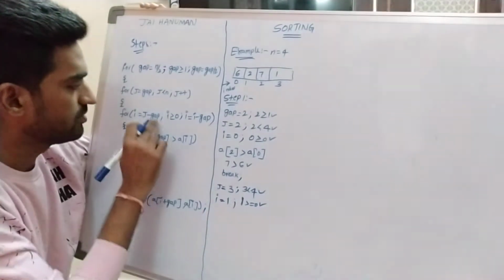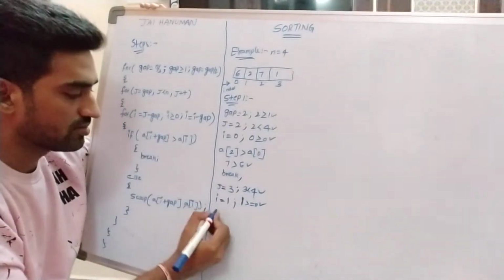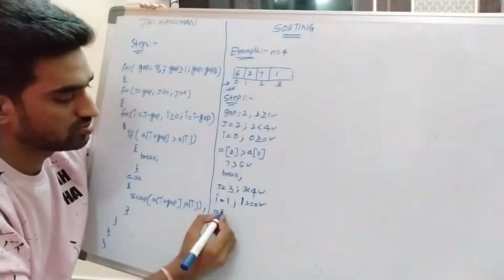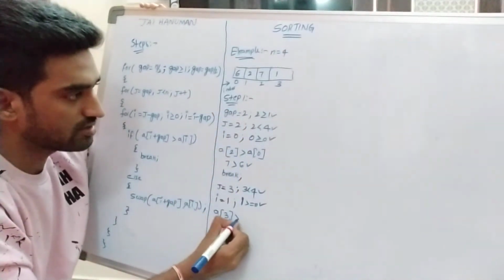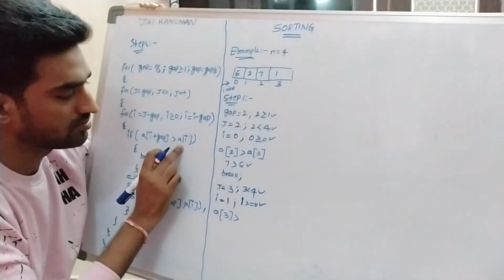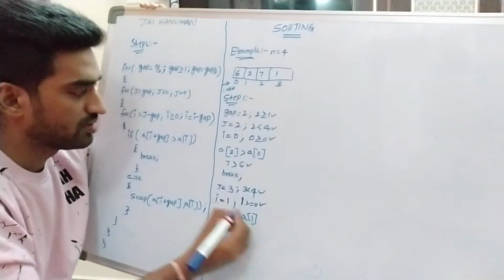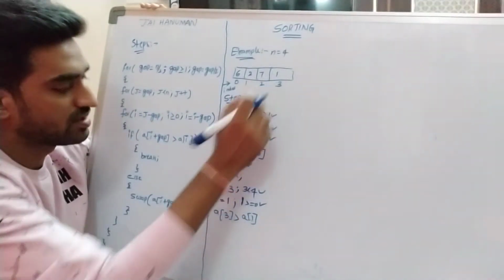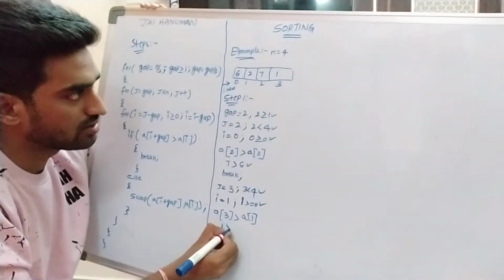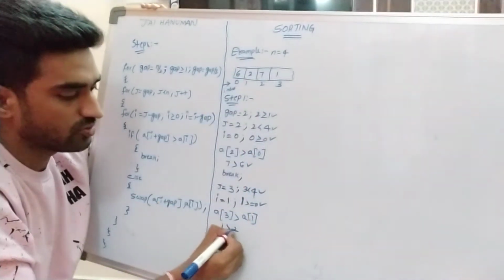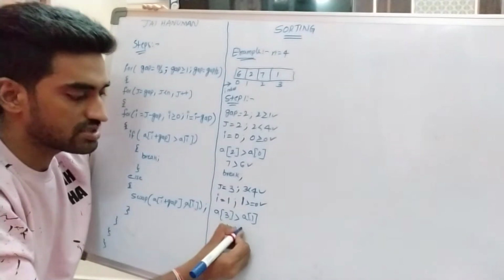Once this condition becomes true, we check e of i plus gap, 1 plus 2, e of 3, greater than e of i, that is e of 1. What is the e of 3 value? 1 greater than e of 1, which is 2. 1 greater than 2, condition is failure.